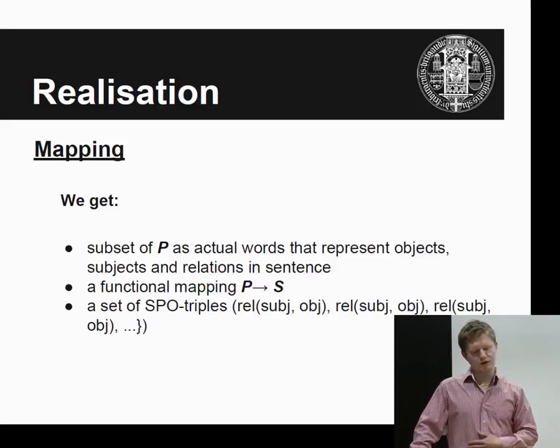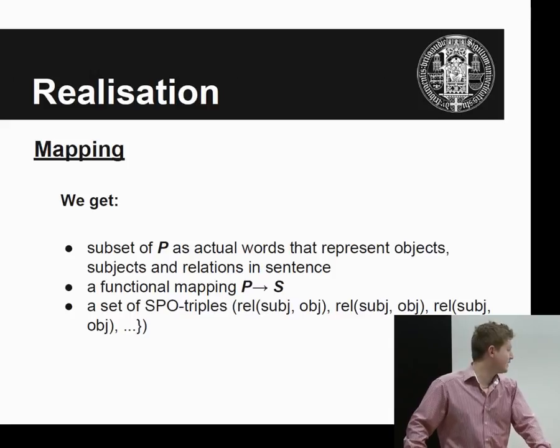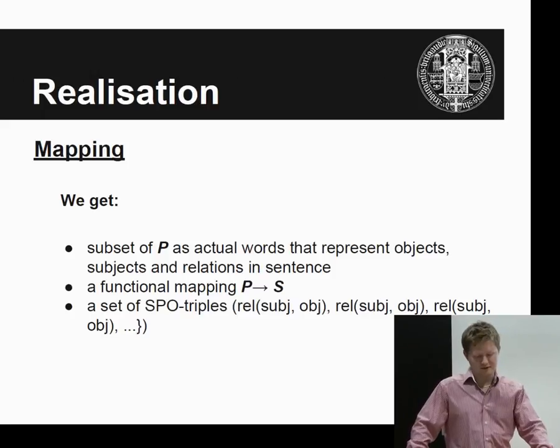And what we want is to get some subset of P. With this subset we map to the S, so to the real entities and classes which are in structured data, and we search for some set of triples. From this triple we will create our query.